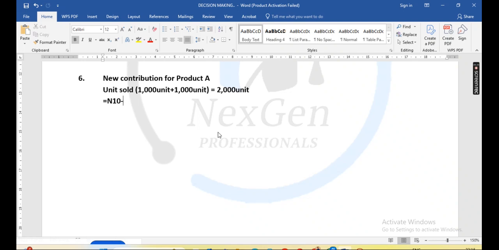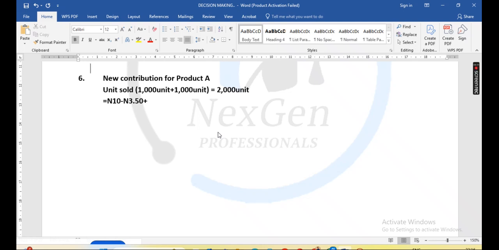Is that the increased variable cost of sales? 3 naira 50 kobo, right? Plus, what is the variable expenses cost per unit for A?